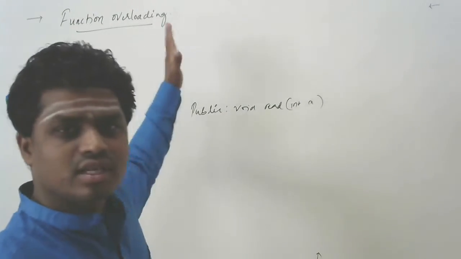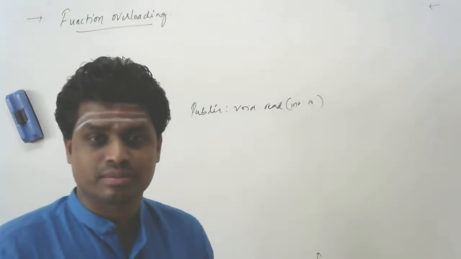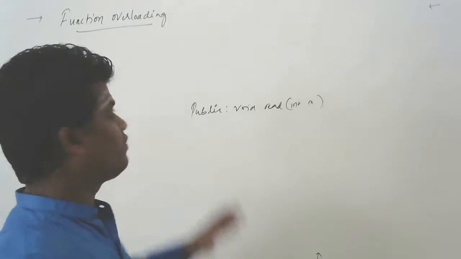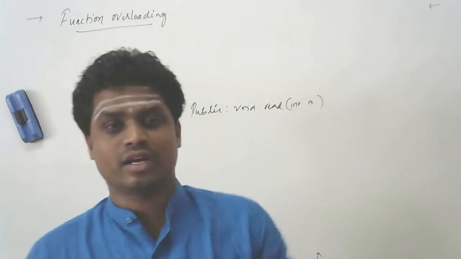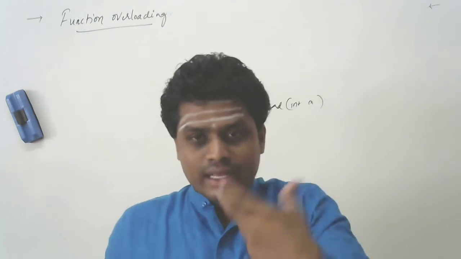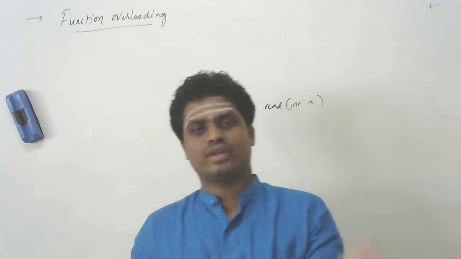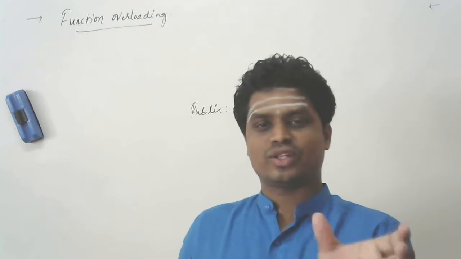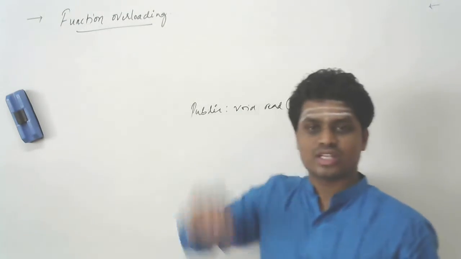Function overloading is also related to this function as an argument concept. So what exactly is the definition of function overloading? Before I give the proper definition, I will give a hint. Overload means many. In a programming language, when you call the same kind of functions again and again, that process is said to be overloading. The name itself indicates this is function overloading.